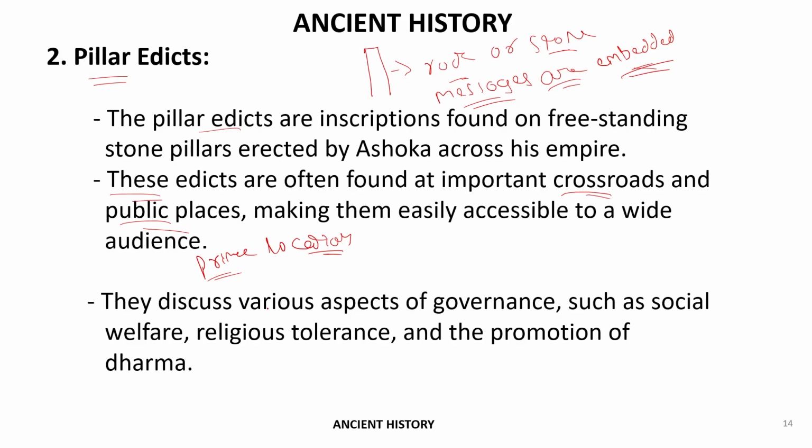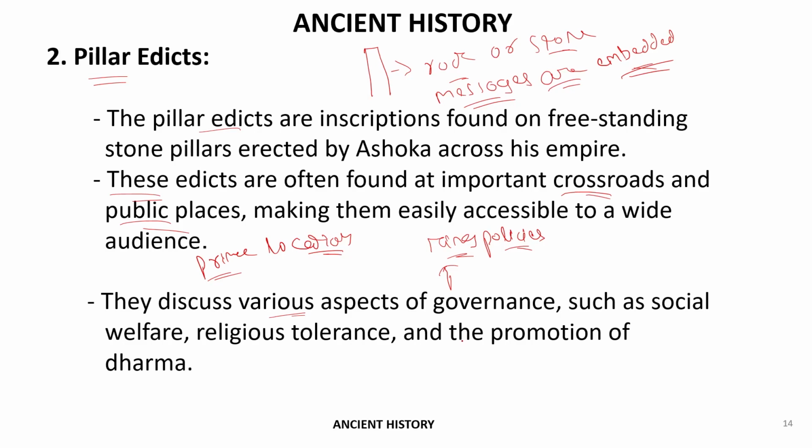Okay, they discuss various aspects of governance such as social welfare, religious tolerance, and the promotion of dharma. Governance simply means the king's policies, the policies adopted by the king for the people of this nation, particularly the Mauryan Empire.